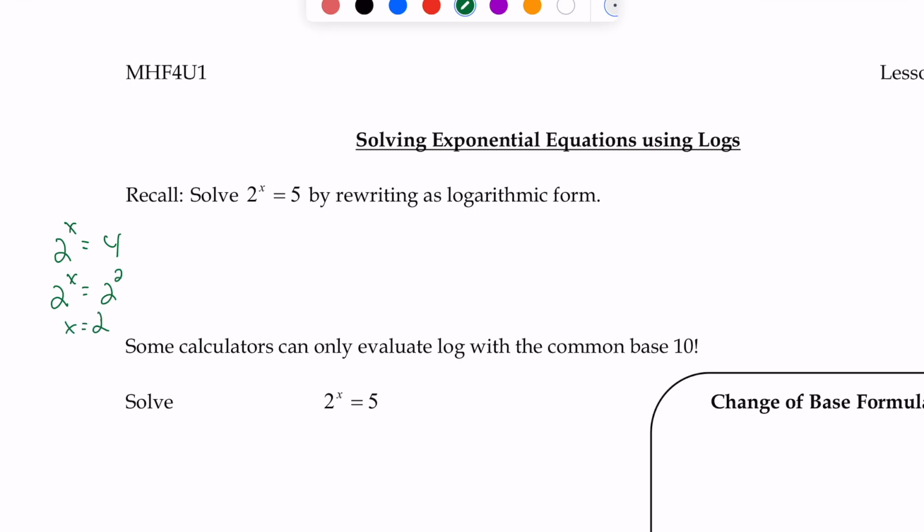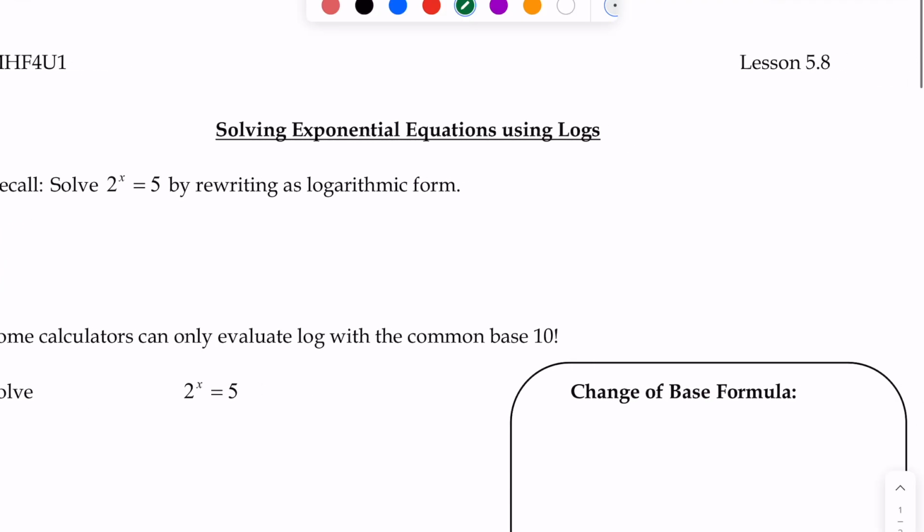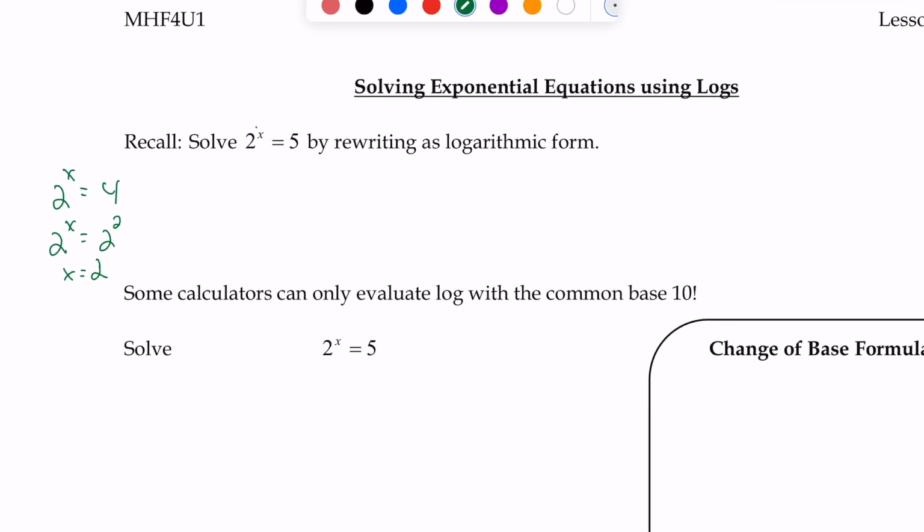In that lesson, I said there is no way to solve this because there's no way to write 5 as a base of 2. Well, that's where solving exponents using logs comes into play, okay? So we can find this value of x using a logarithm.